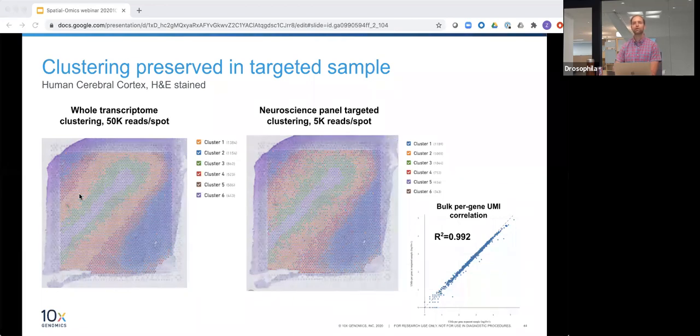However, by doing your targeting, you're able to bring that 50,000 reads down to 5,000 reads per spot and see essentially the same clustering with a really nice 0.99 R squared value here. And so this correlates extremely well, and you get all this information if you're interested in these particular genes at a much lower sequencing depth.